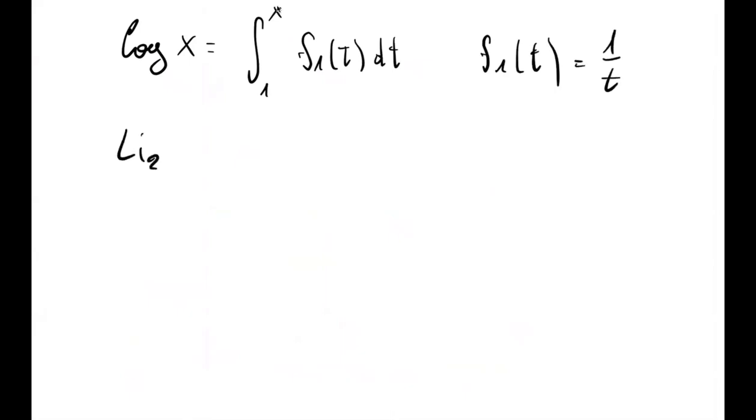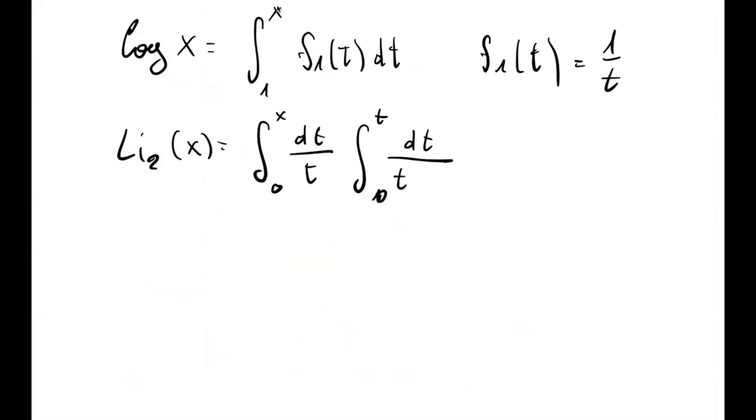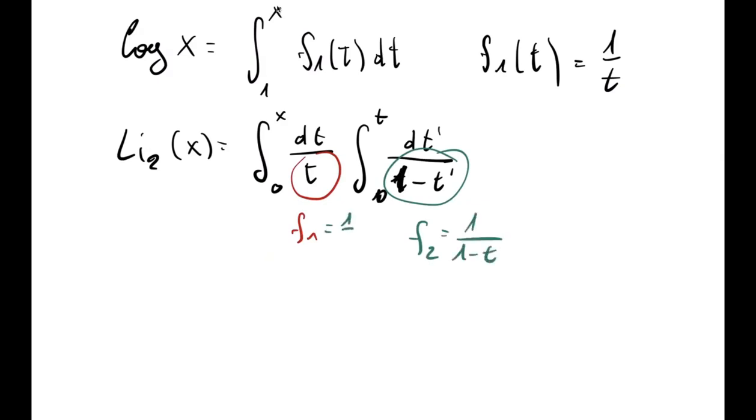Or Li2 of x would be the integral we had from 0 to x dt over t, integral from 0 to t dt over t of 1 minus t. You see here this is f1, and this would be f2. So f1 would be 1 over t, and f2 would be 1 over 1 minus t.